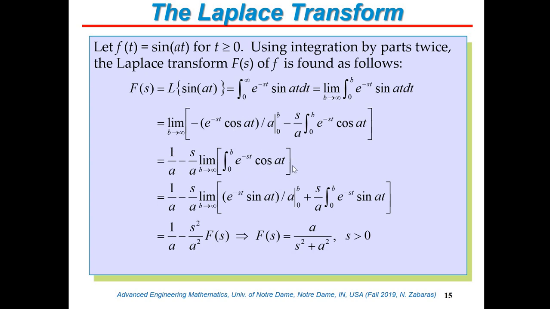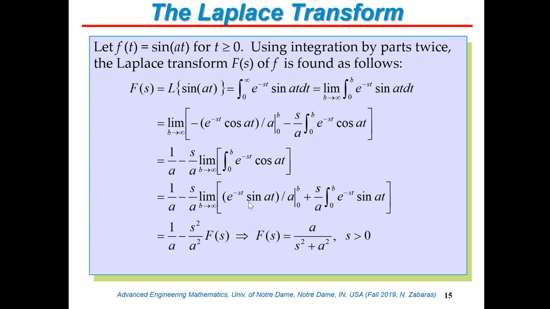And then you have to do one more integration by parts. You notice if you do one more integration by parts, you actually do get the Laplace transform of interest, the Laplace transform of sine at again. So the contributions from these terms here are equal to 0 because e to the minus sb is 0 as b goes to infinity.